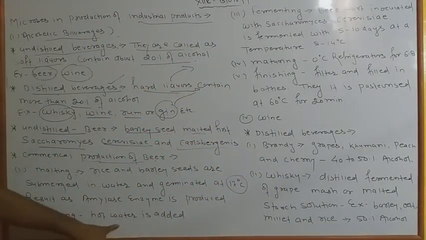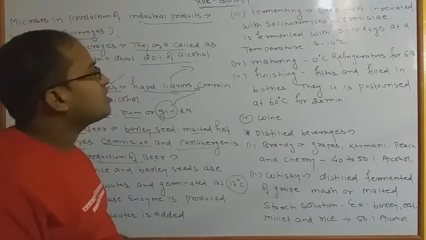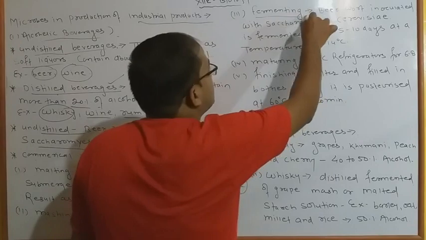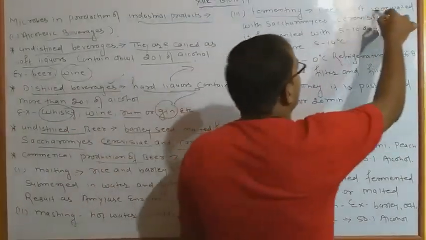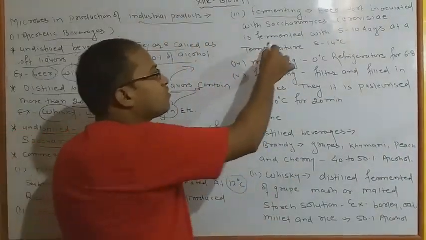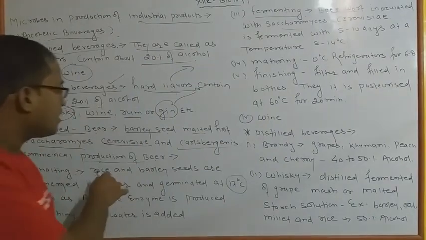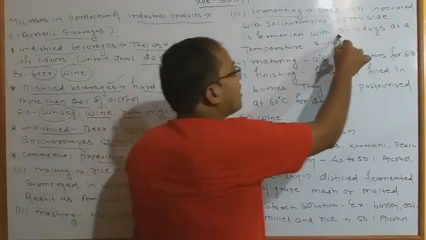That's why we use hot water in this process. Next, the fermenting process is done. Beer wort is obtained by the fermenting process, inoculated with Saccharomyces cerevisiae. It is fermented for 5 to 10 days.